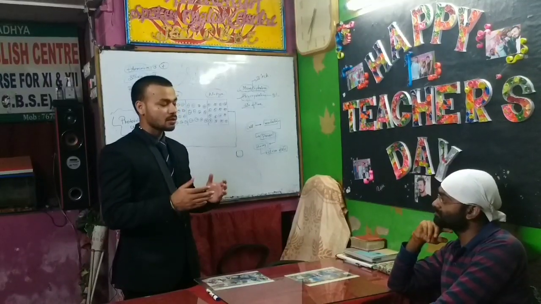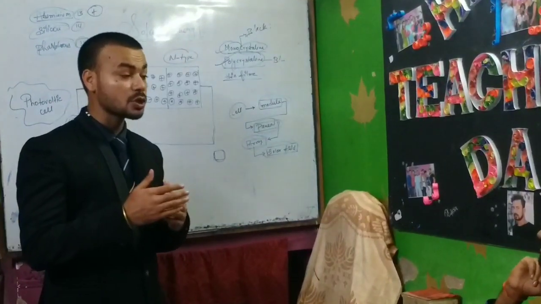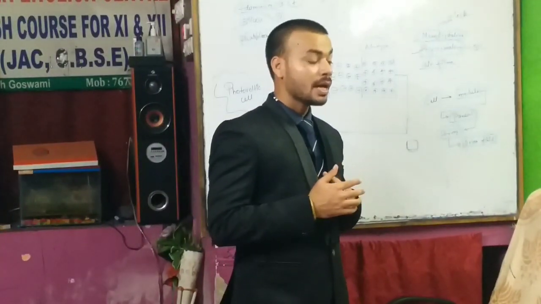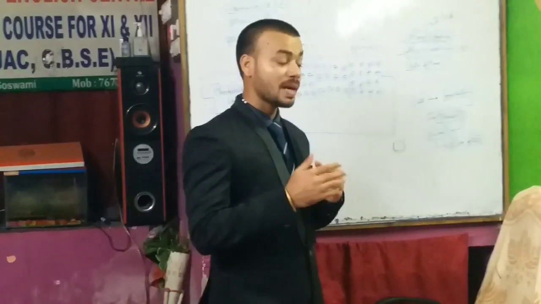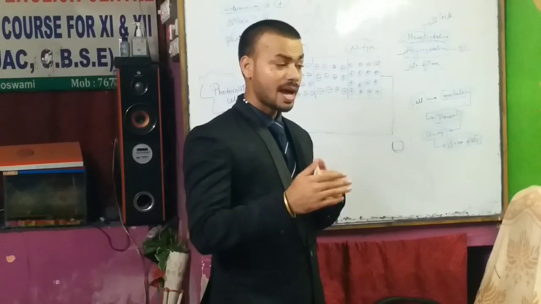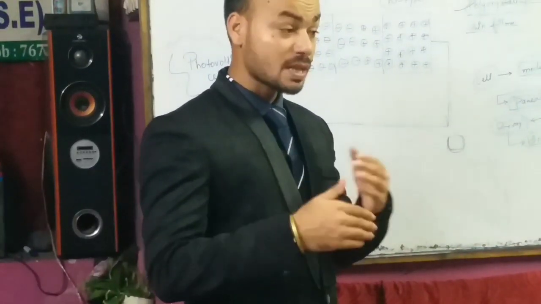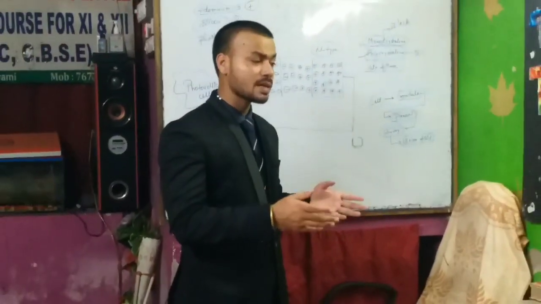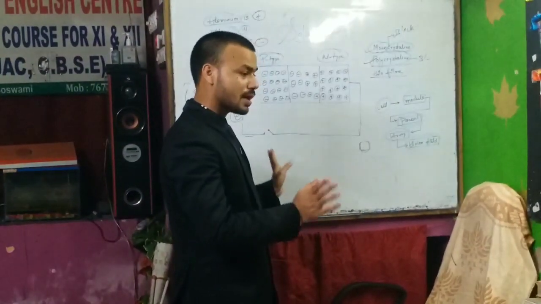If a very poor person wants to install solar energy privately, he has to pay 40 to 60,000, and the government also gives a subsidy on it. It means he has to pay only 20 to 30,000 for installing solar energy.